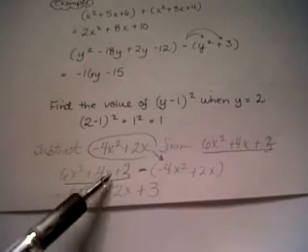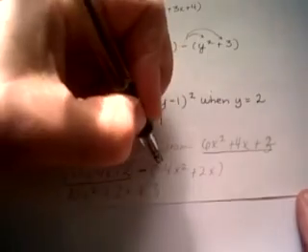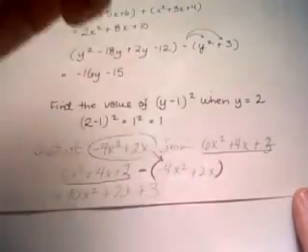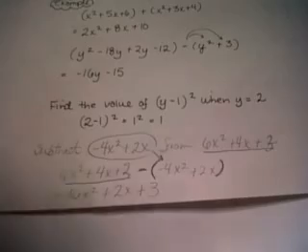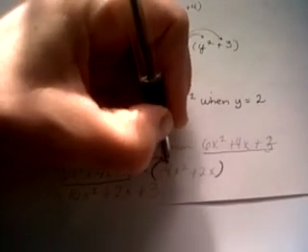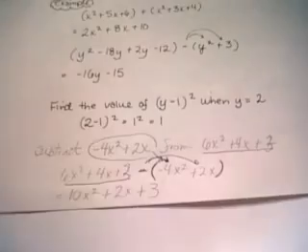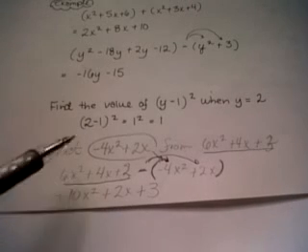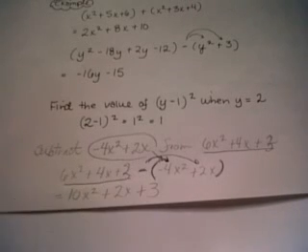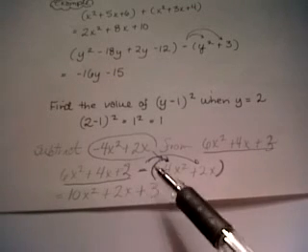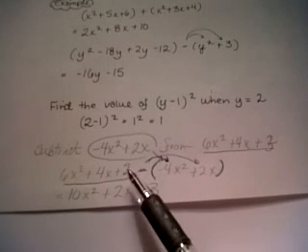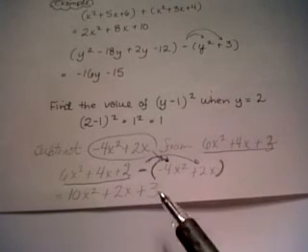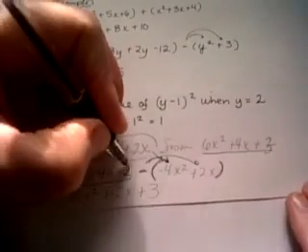So I would take 6x squared plus 4x plus 2 minus, notice I have to put parentheses around all of negative 4x squared plus 2x because all of that is being subtracted. And so again, I would need to apply my distributive property. And when I do that, I'm going to say 6x squared minus a negative 4x squared would give me a positive 10x squared. And a 4x minus a 2x would leave me with a positive 2x. And 2 minus, well, there isn't a like term over here. Oh, but that should be 3.